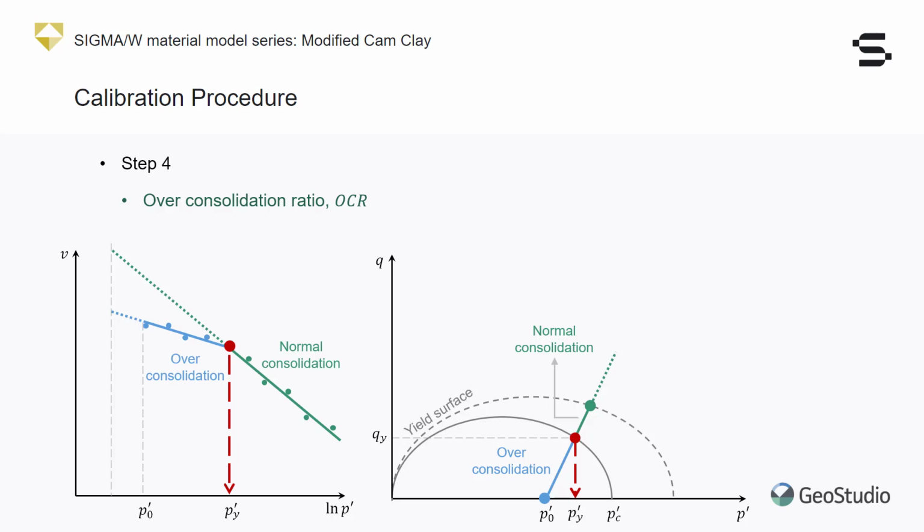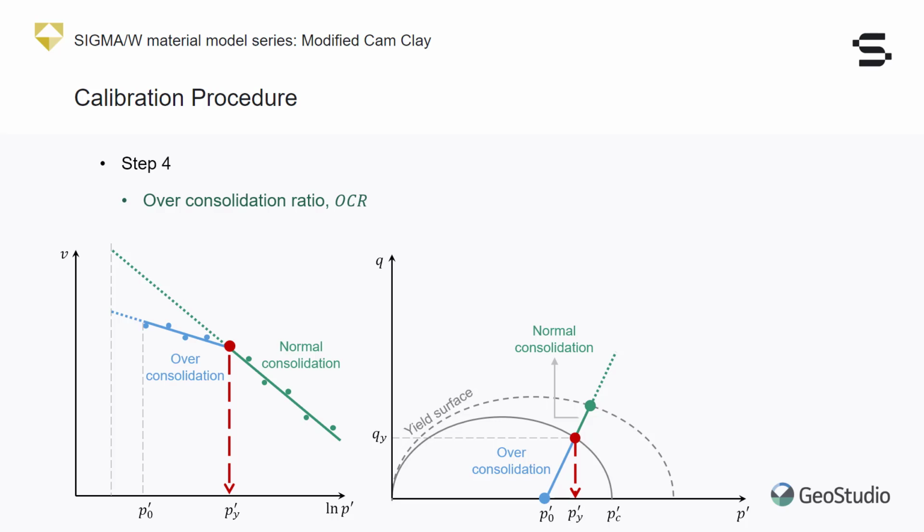As stated earlier, the response of the soil changes from an elastic or overconsolidated state to an elastoplastic or normally consolidated state only if its stress path touches the yield surface. As a result, for a stress path that is not necessarily isotropic, the yield pressure P'(y) is less than the isotropic preconsolidation pressure P'(C).